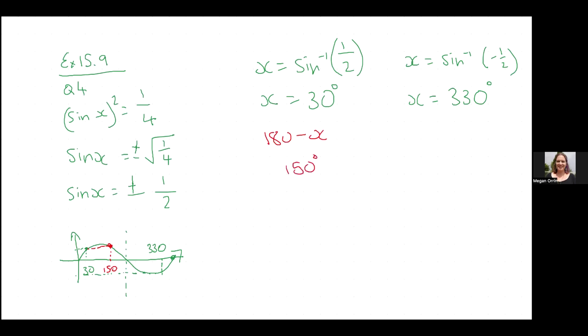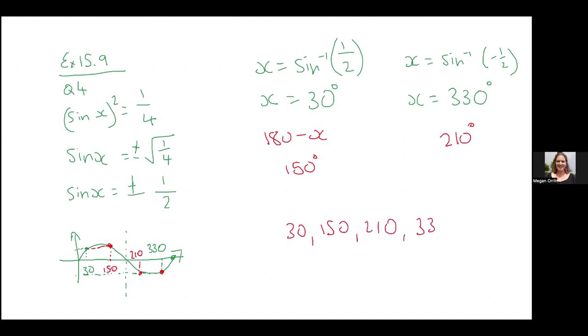If this one is 330, what about this one here? 210. Why is it 210? Right, so it's 30 from the end, so it's going to be 30 from the middle. This is 180. So this means that it's 210. So now I have 4 angles. I've got 30, 150, 210, and 330.